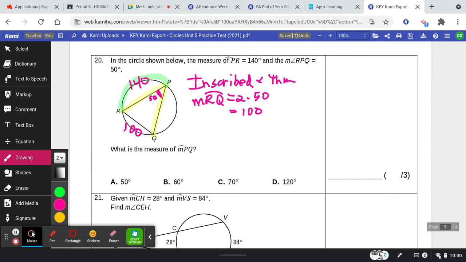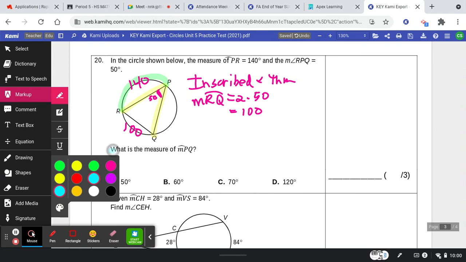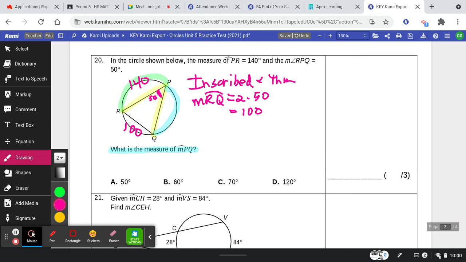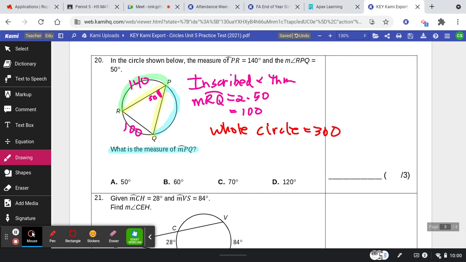If I know that's 100 and I know that's 140, and they're asking me what's the measure of PQ, what can I do as my final step? So if the whole thing's 360, Sierra, what am I going to do to find this missing one?